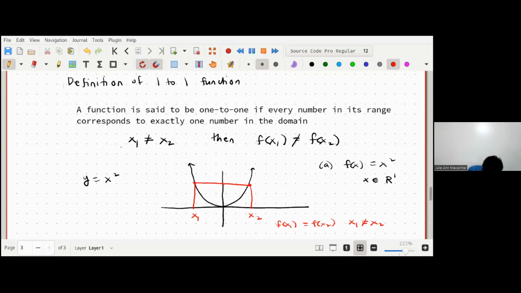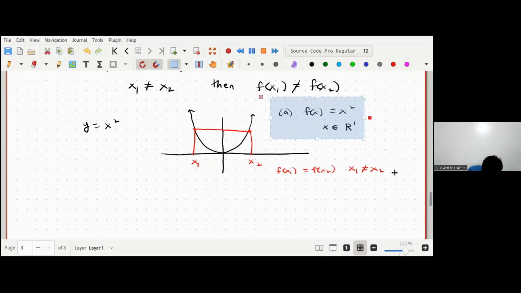So, hindi satisfied yung dapat for each value of y, there's only one value of x. So, in this case, the function defined by f of x equals x squared, with the domain being x an element of the reals, this is not one-to-one. Ngayon, paano kapag ganito?